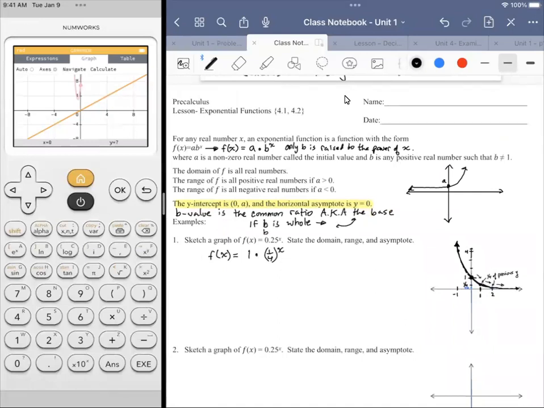If B is a fraction, so between 0 and 1, so I'll just write that as a compound inequality, if 0 is less than B is less than 1, then it's going to be something like this. So it starts high, ends low.